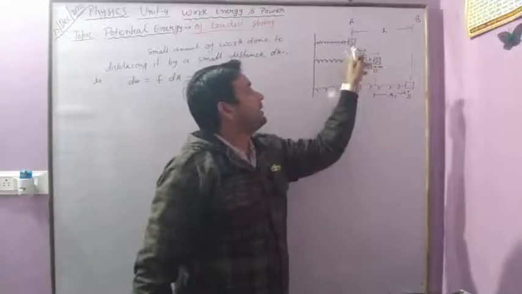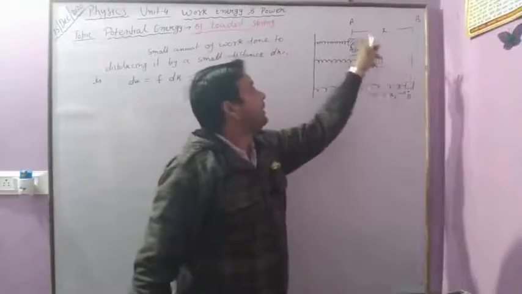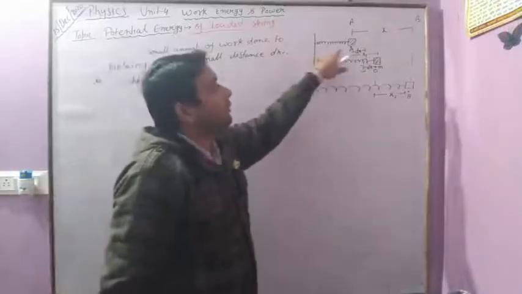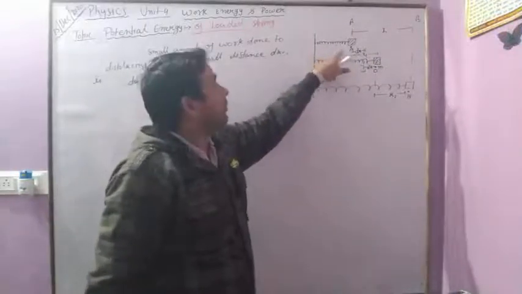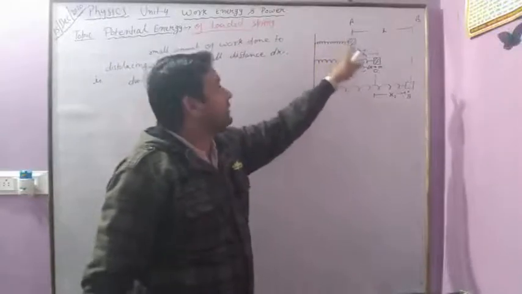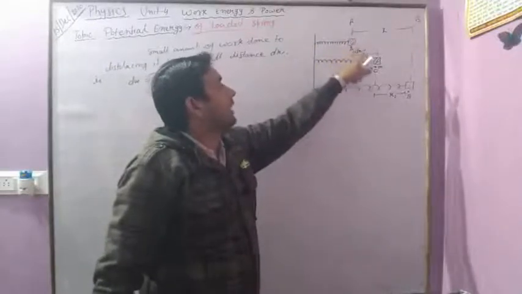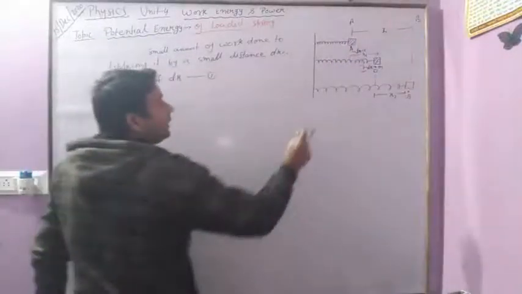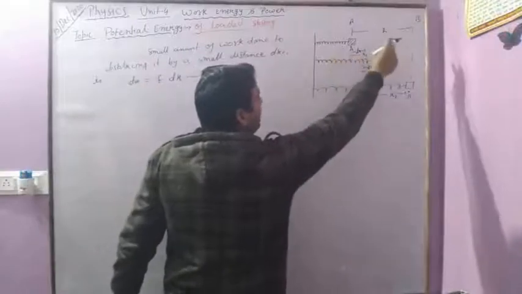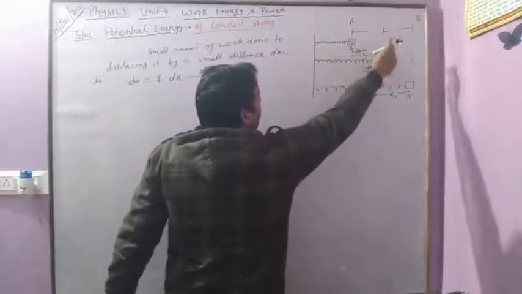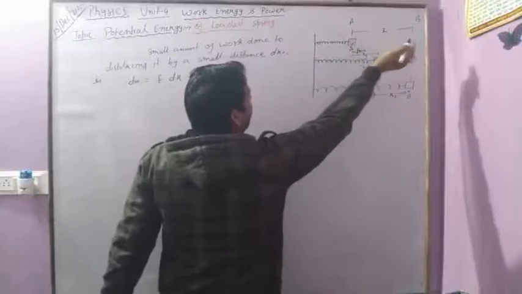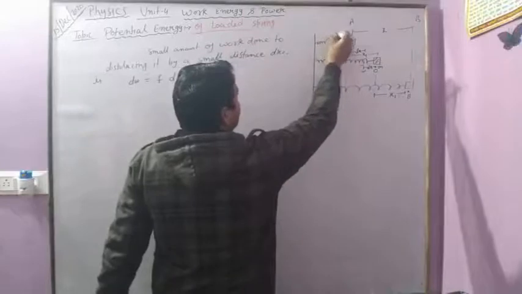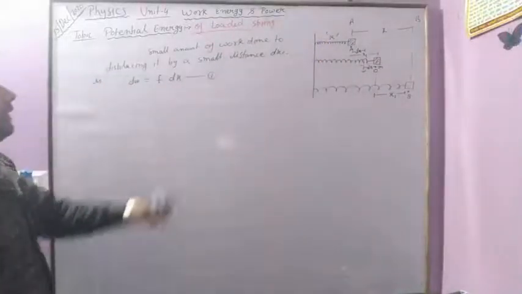B and displaced by a distance x from A to B. This is because of the internal energy of the spring, or we say the potential energy of the spring at location A. Okay, and the motion of this spring from A to B is due to its spring force constant, which is denoted by k.